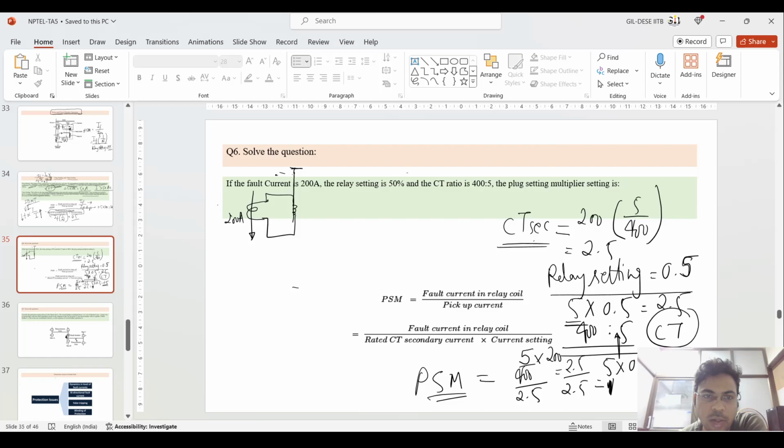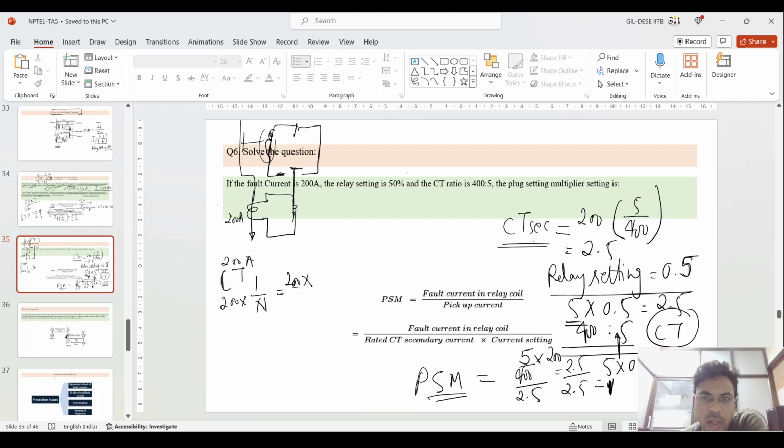This magnetization coil is connected to one contact, that is the relay contact, and when this relay contact pulls down, it will complete this battery circuit, and another coil will trip this circuit breaker which is connected to this normal line. So 200 amps of fault current is going.